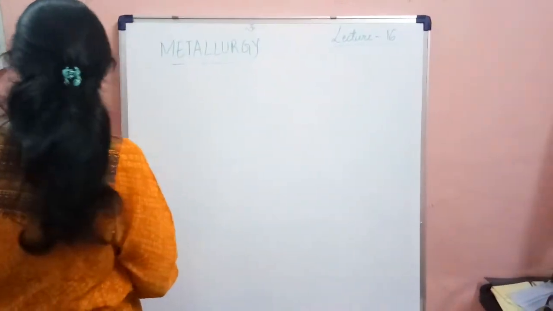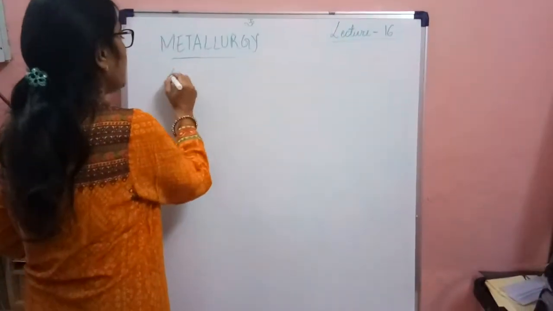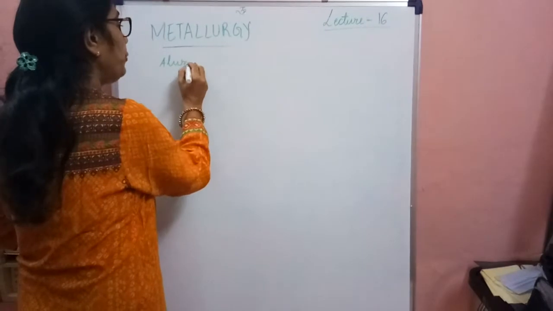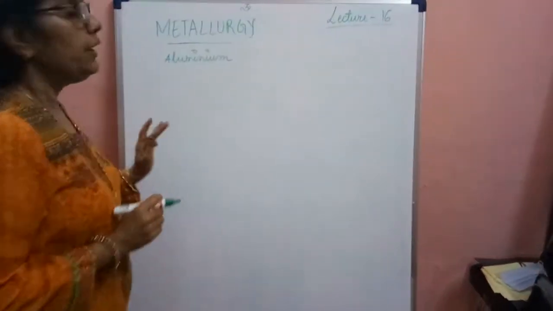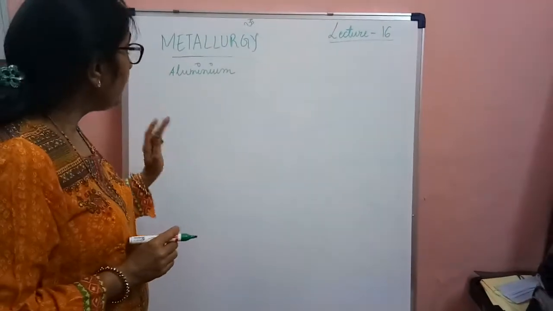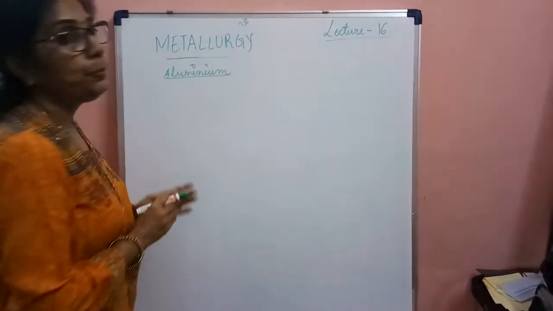Now the next is aluminium. So concentration of aluminium, as we have already done, is by leaching. After leaching, how do we get pure aluminium?